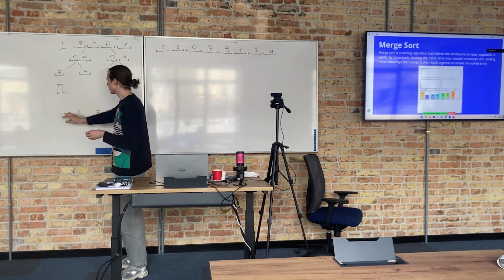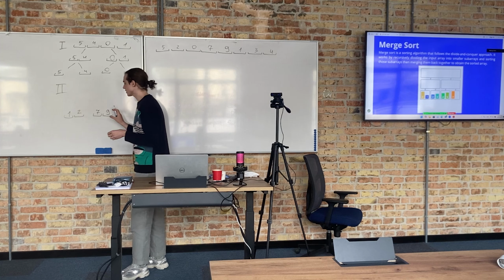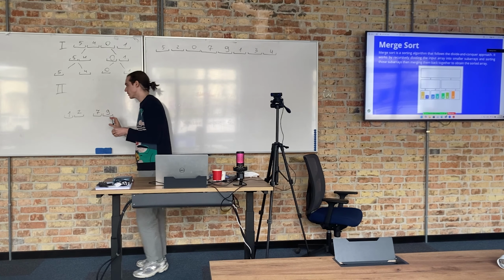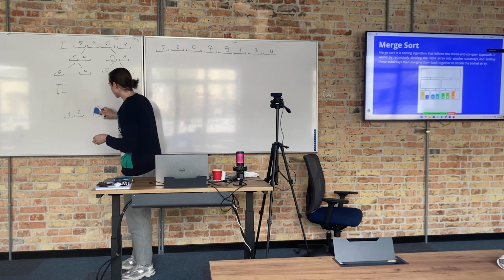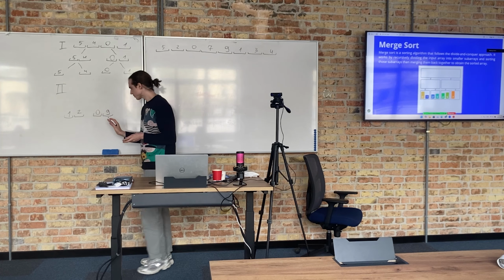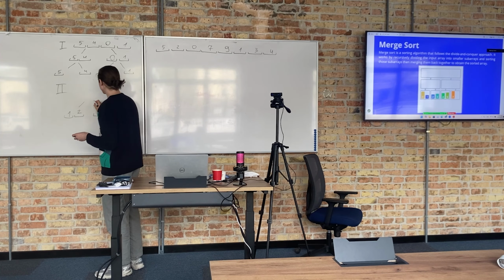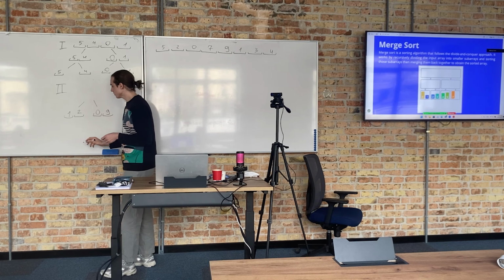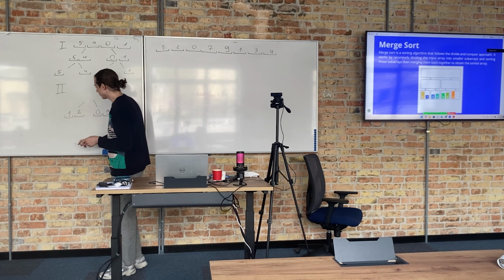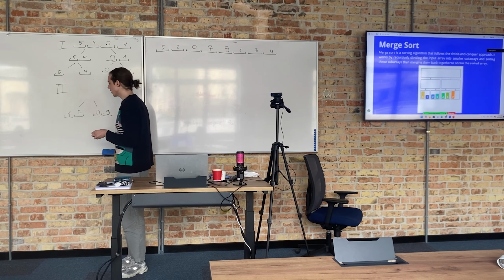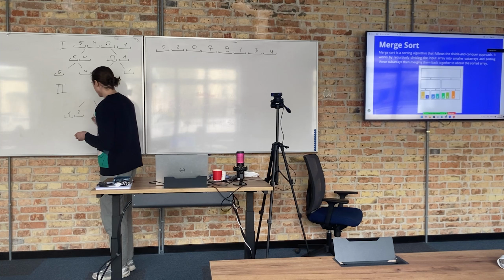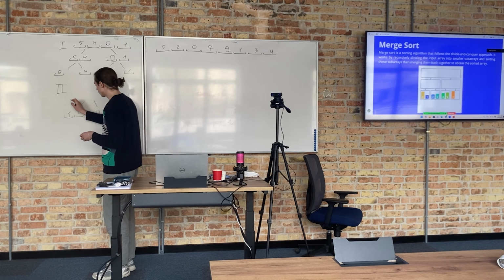If we know that those arrays are already sorted, we can easily create a sorted array with those elements. How will we do this? We check our first element here and the first element here, and we try to find the smaller one. So in this situation, it's 0.